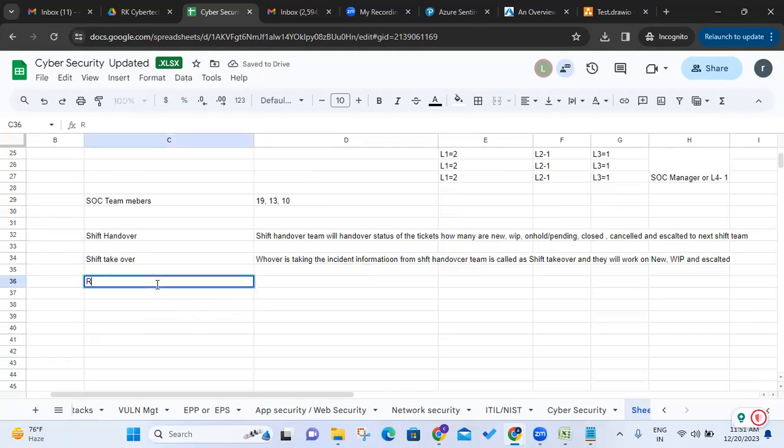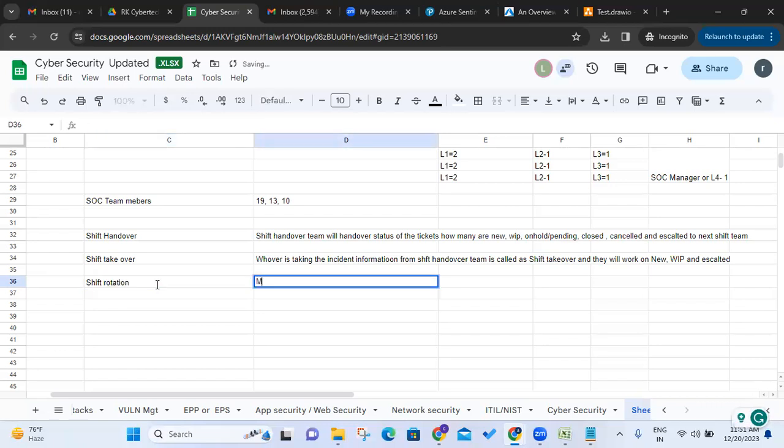Now, shift rotation. The shift rotation depends on which organization we are selecting. In most cases they are doing the shift rotation on a monthly basis. Maybe this month you are working the early morning shift, next month the afternoon shift, and on the third month the complete night shift.